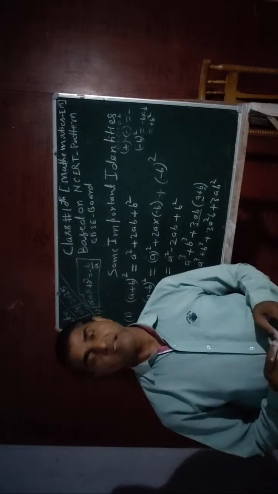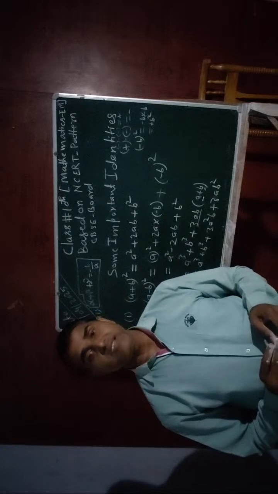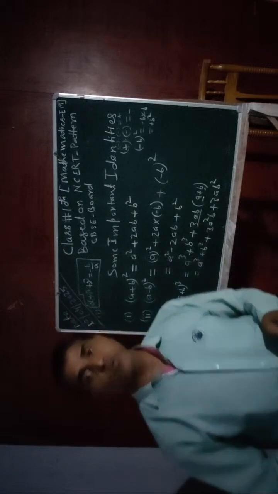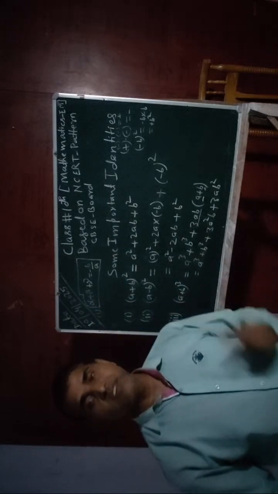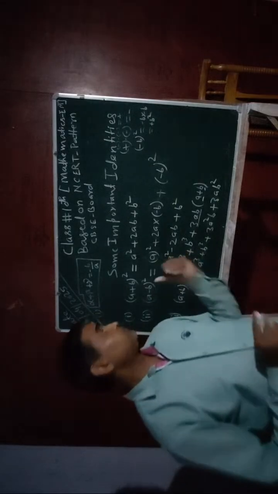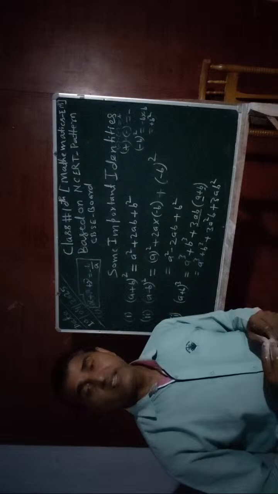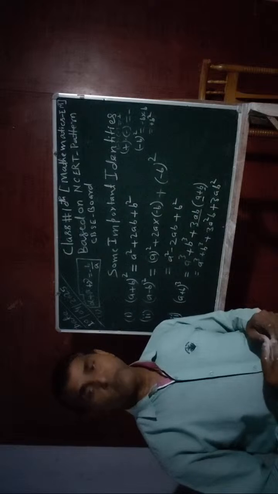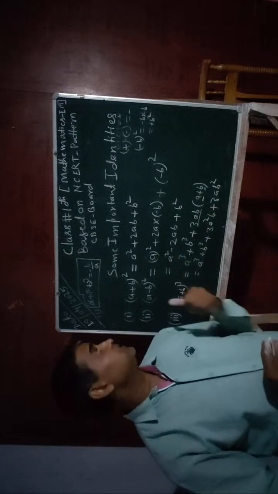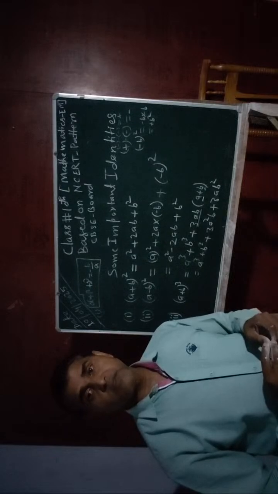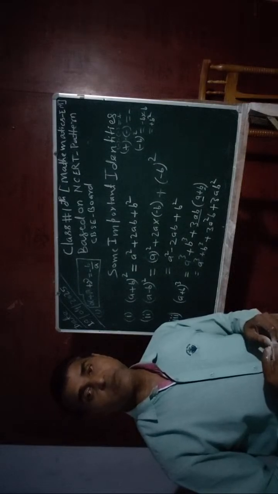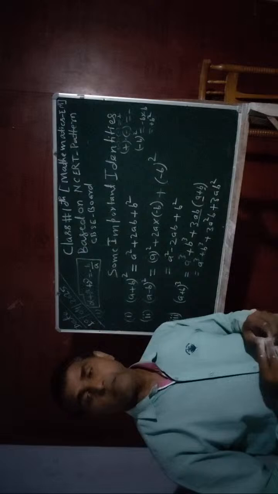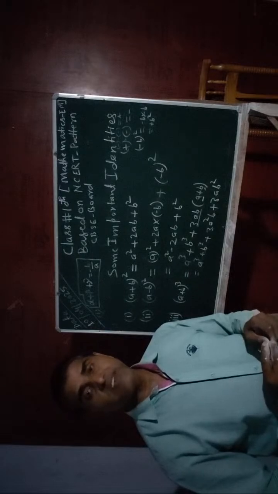If I get time on any Sunday, I will explain it again so that you can get a good concept of real numbers, which belongs to the number system. This is chapter number 2, whose name is polynomial. In the case of polynomials, each and every concept I have already explained.